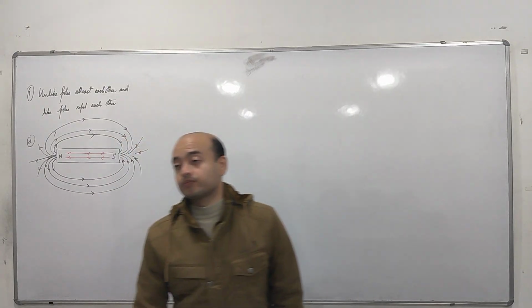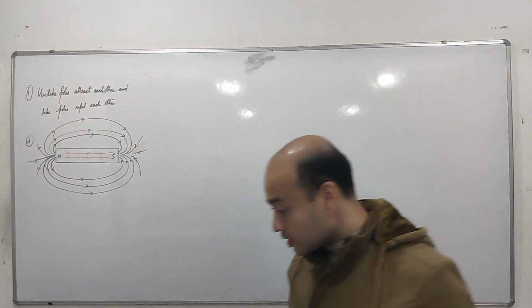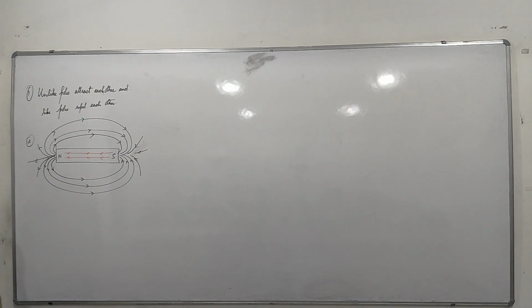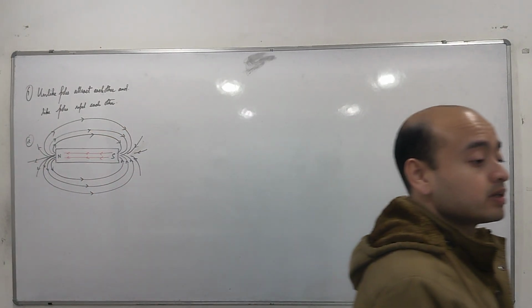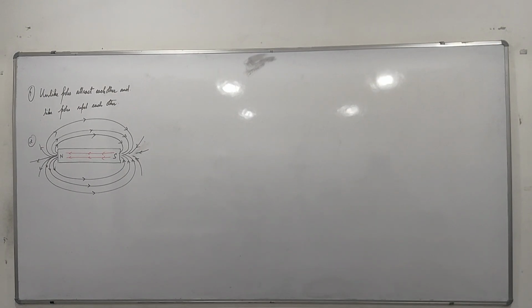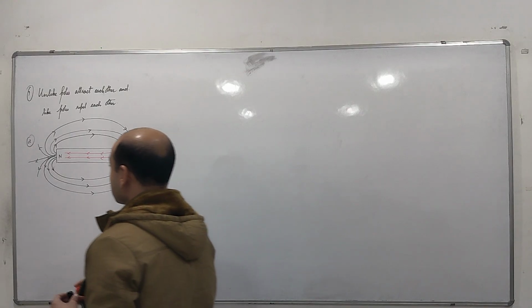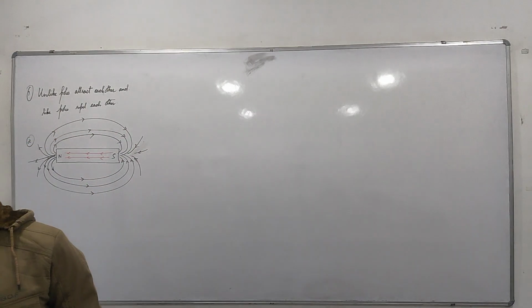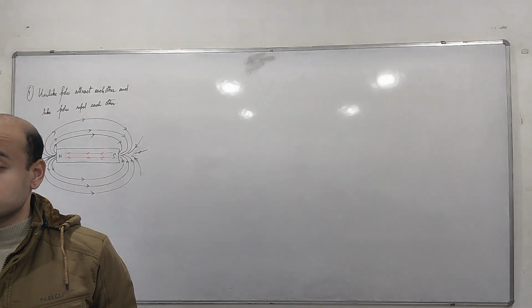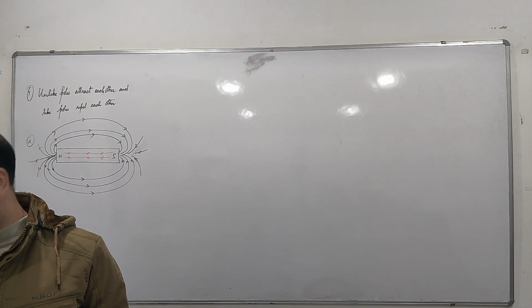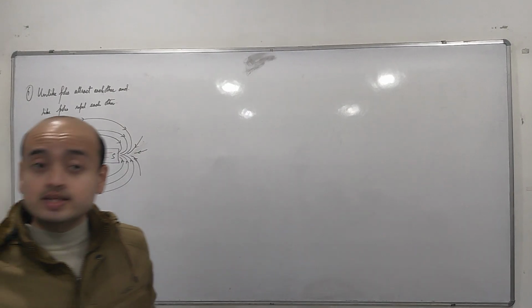Point number 3. In a bar magnet, the magnetic field lines are more concentrated at the poles, because of which the strength of the magnet is highest at the pole.